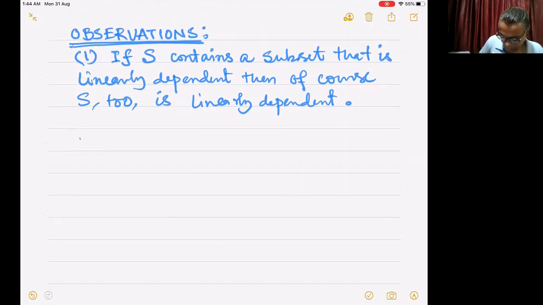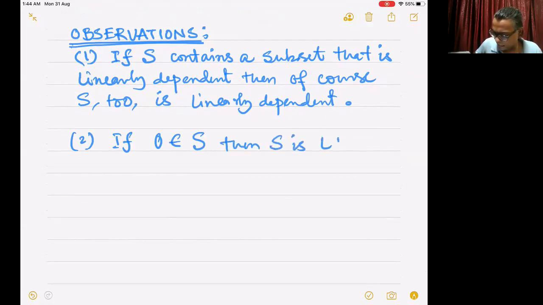Next is, if the 0 vector is a part of the set S, then S has to be linearly dependent. Let me write LD for linear dependence. LD is the shorthand I'm using for the phrase linearly dependent.